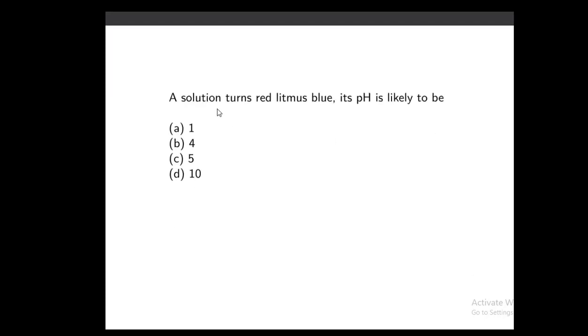We are going to add a base to the hard water so that it becomes soft water. The solution turns red litmus blue. Its pH is likely to be? As we discussed earlier, if I take any solution and drop it on pH paper or litmus paper, and the litmus turns blue, it means it is basic in nature.